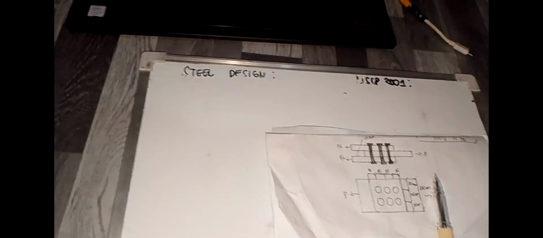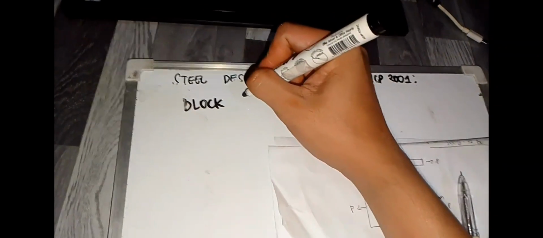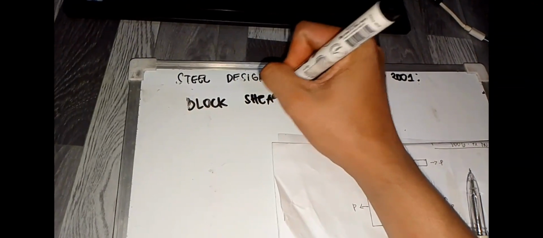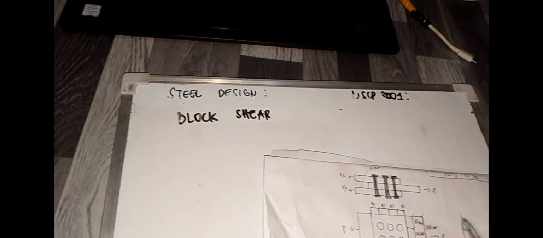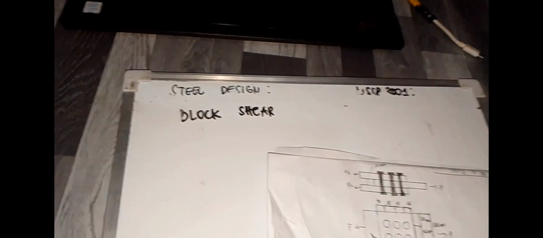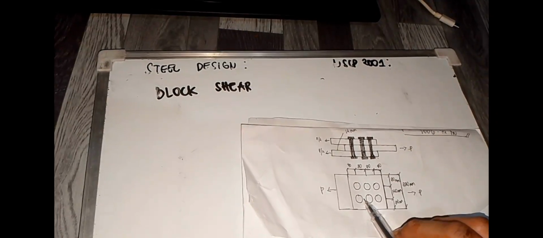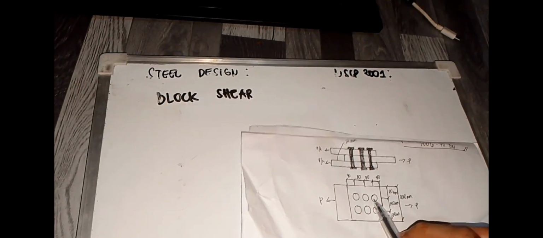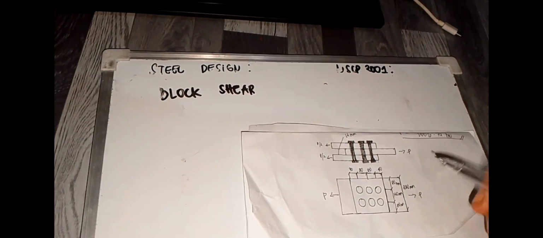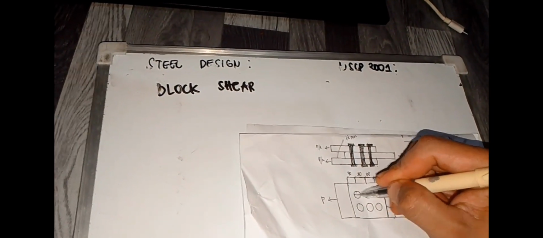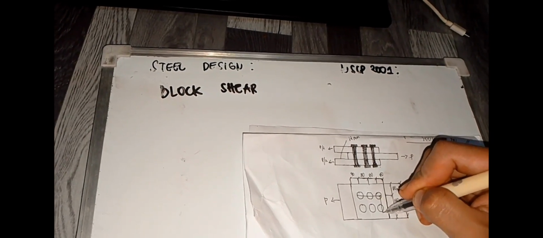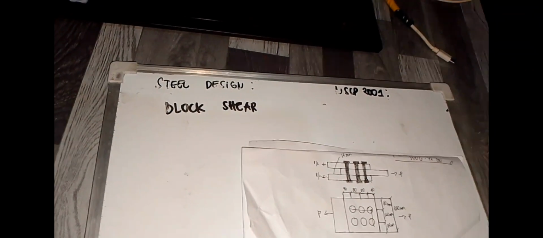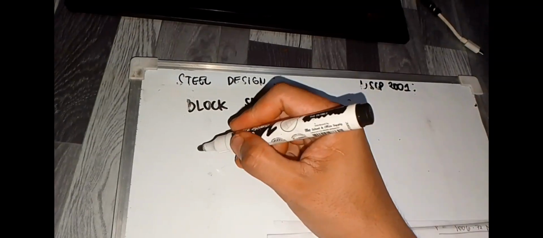So next is all about block shear. First, let's consider this plate is pulled to the right. One possible path is shear rupture: the shear is right here, then the tension is right here. So if we draw this, it will look like this.